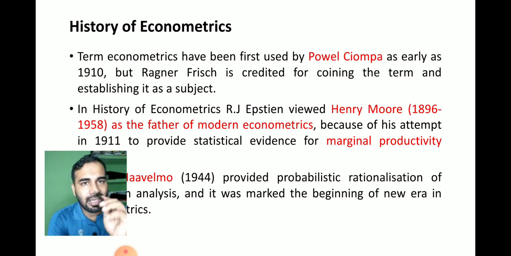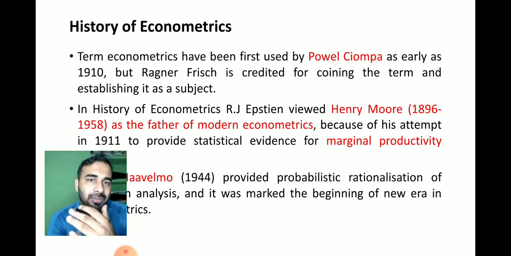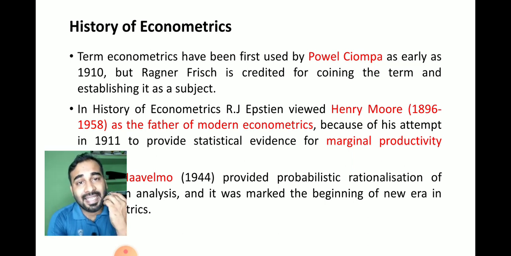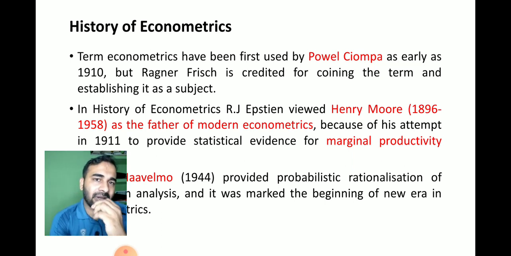Even though the word econometrics was first used by Powell Siomba in his book, econometrics was established as a subject by Ragnar Frisch, and he coined the term econometrics. So he is responsible for establishing econometrics as a new discipline, even though the term was first used by Powell Siomba.